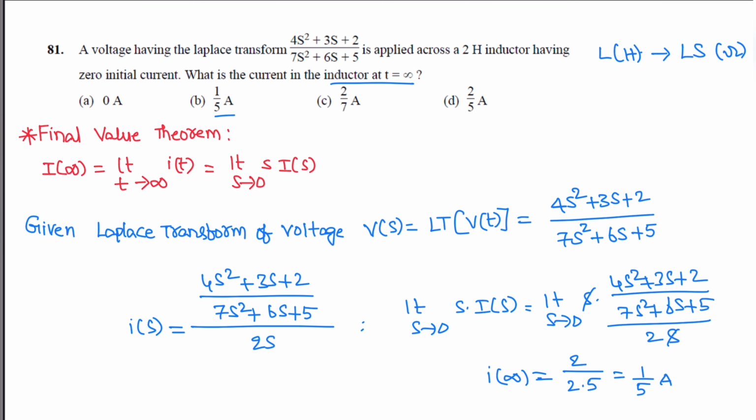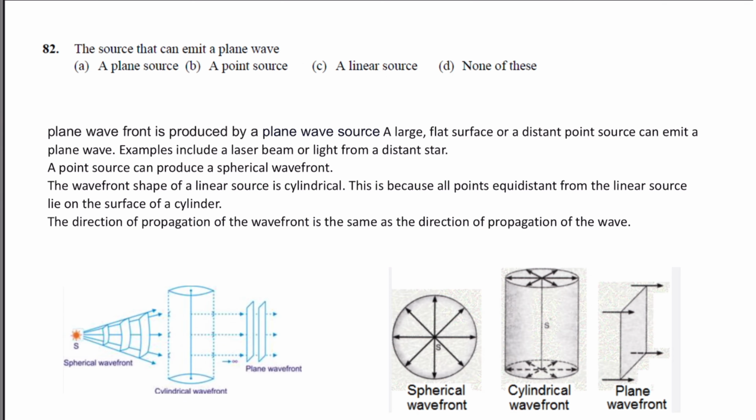Next question: a source can emit a plane wave. So that source is a plane source. A plane wavefront is produced by a plane wave source, a point source can produce spherical wavefronts, and the wavefronts of a linear source are cylindrical.